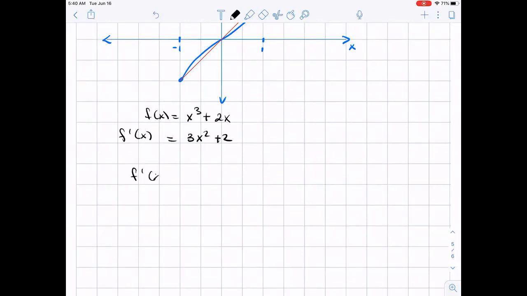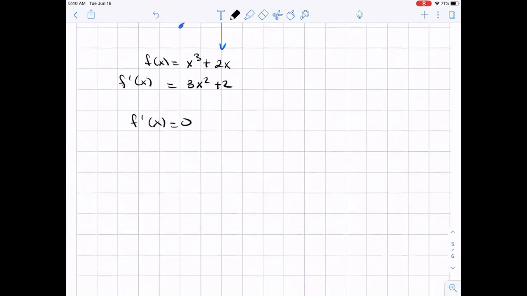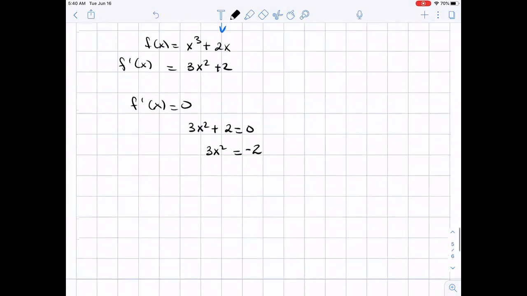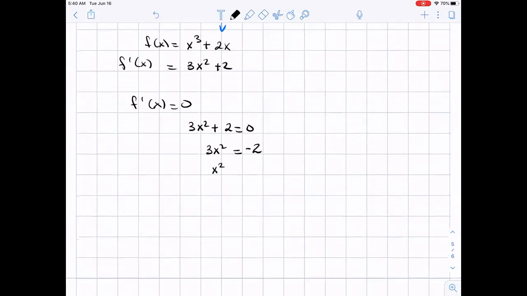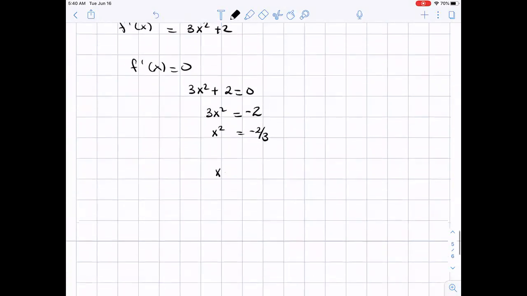So f prime of x equals 0, meaning that 3x squared plus 2 is equal to 0. So 3x squared is equal to negative 2. So x squared is equal to minus 2/3. So x is equal to plus or minus the square root of negative 2/3.